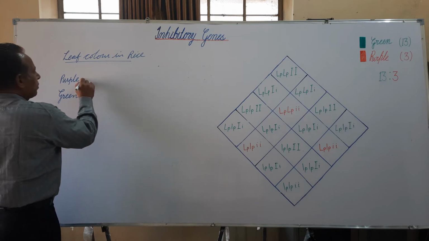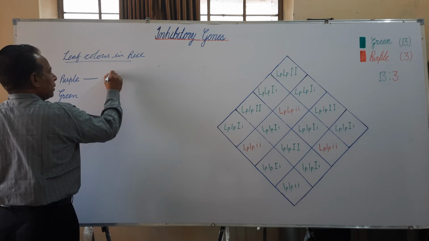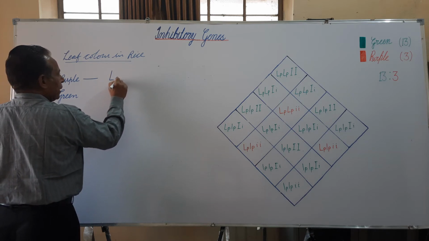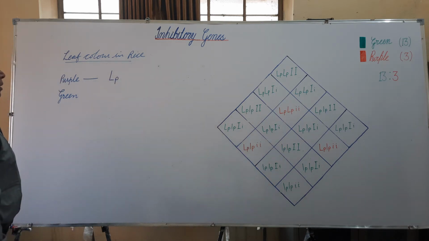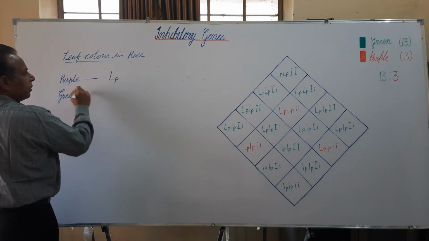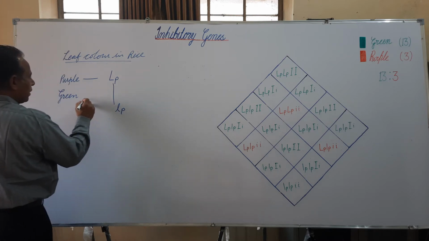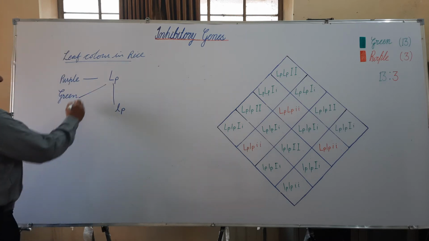The purple color of the leaf is due to a dominant gene, capital LP. This gene causes the purple color of the leaf. In its recessive condition, the color becomes green.